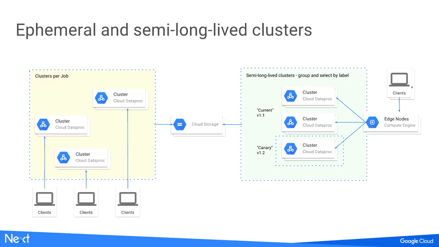In the same vein, not only can you chop up clusters based on the shape of your workloads, but also in terms of your life cycle. On the far end of the spectrum, ephemeral clusters get rid of a lot of the headaches that come from dealing with high complexity, long-lived clusters.